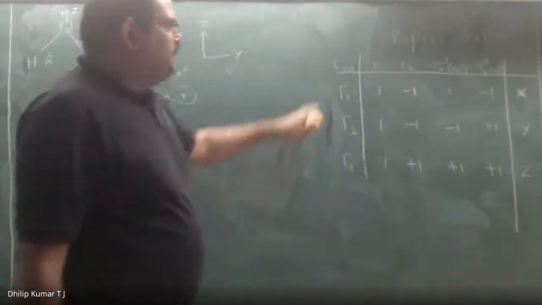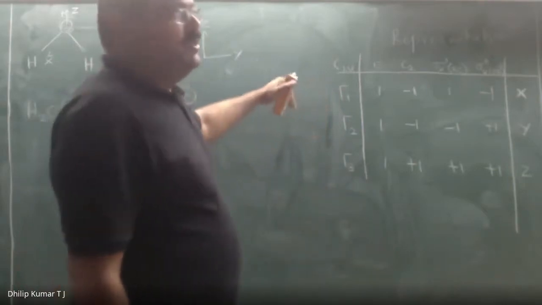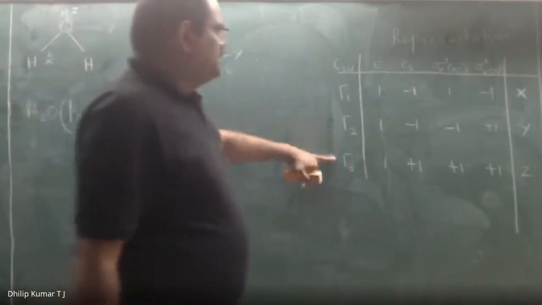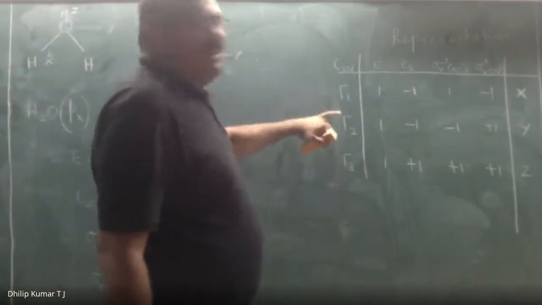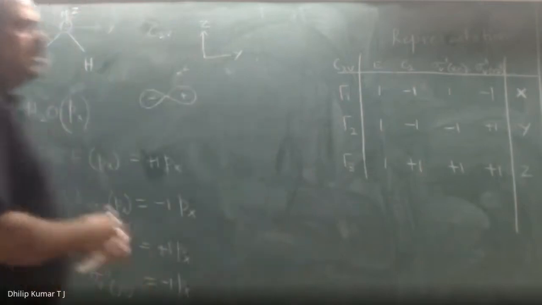And these are the representations. Now we have not decided whether they are reducible or irreducible, but the symbol used is gamma. So this is gamma 1, gamma 2, gamma 3. If you start writing in this form, it is called a character table. One can write a character table for various molecules.